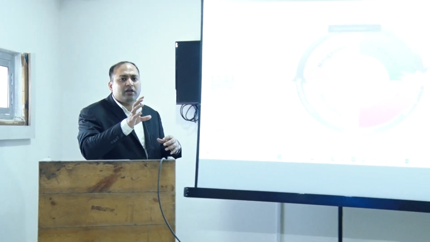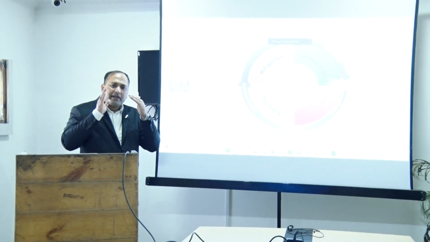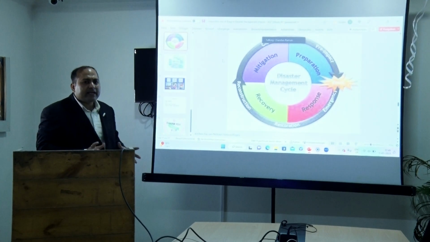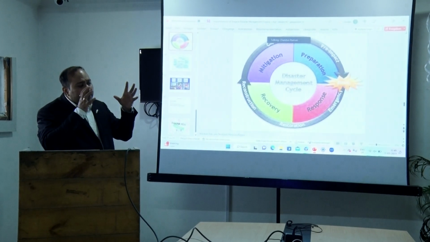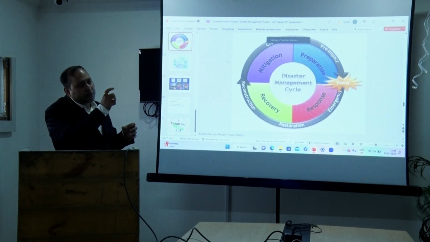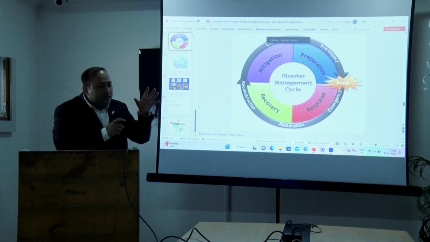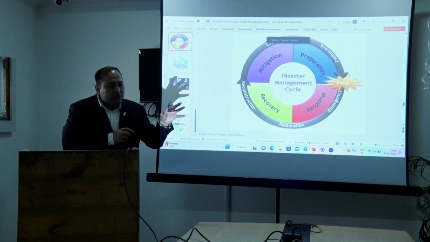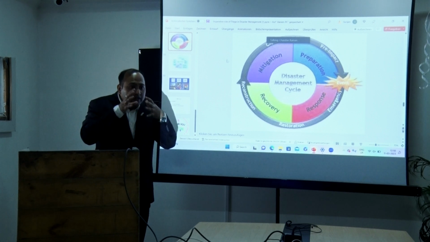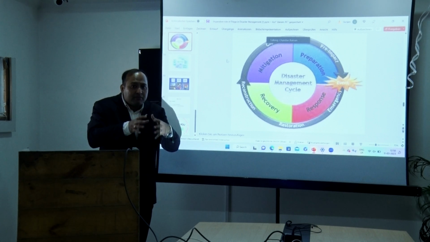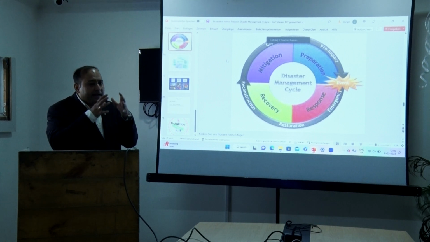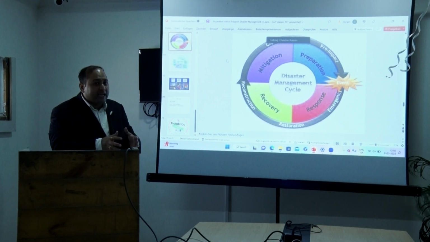So, the first protocol is that you should follow it while making policy, short term or long term, or while doing any kind of research work, to identify the vulnerability. You should check the parameters of pre-preparedness: whether the community is prepared to save their lives by themselves or not, whether that community has a DRR team or not, whether the community has an NGO or any government body to work for disaster or not.